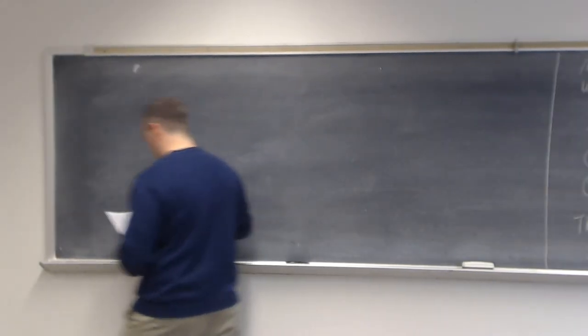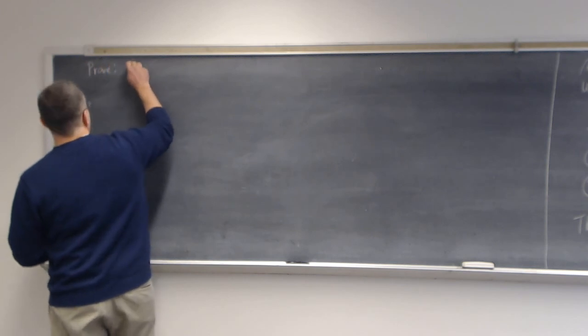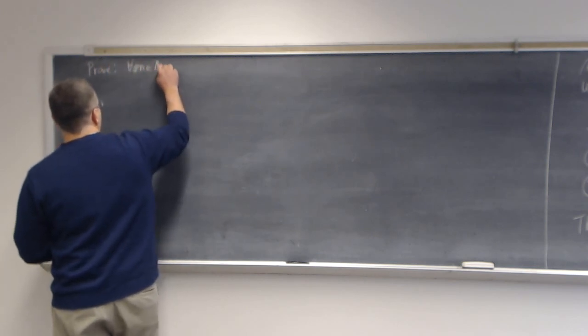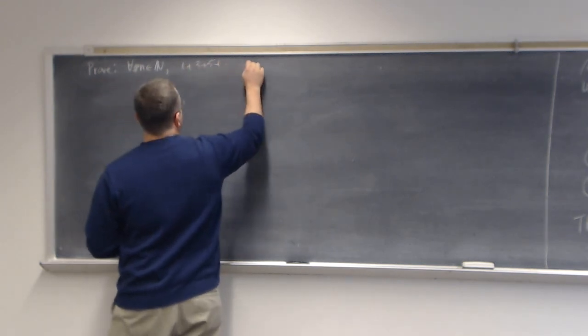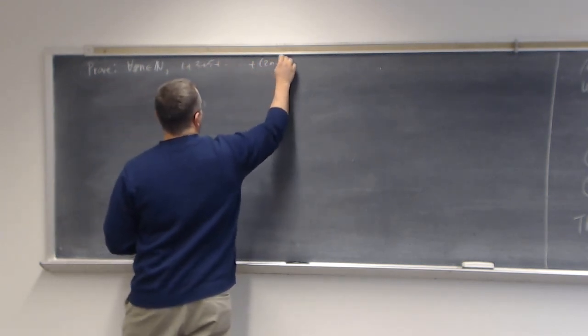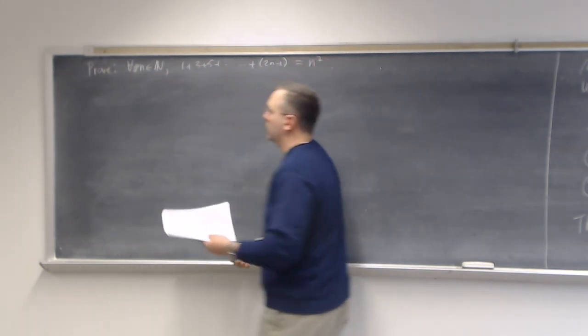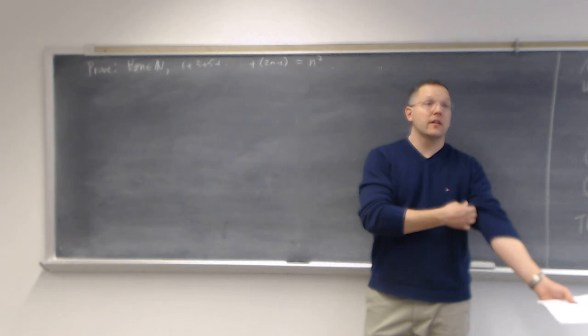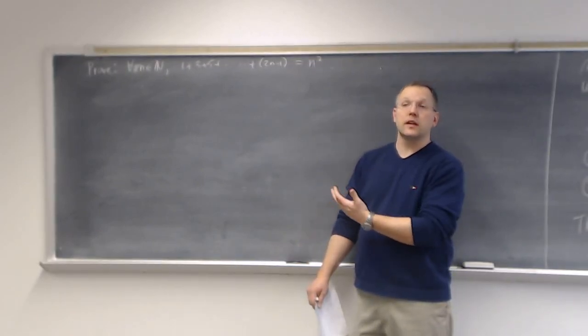Prove for all natural numbers n, 1 plus 3 plus 5 plus ... plus 2n minus 1 equals n squared. Another way of stating it using words: the sum of the first n odd integers equals n squared.